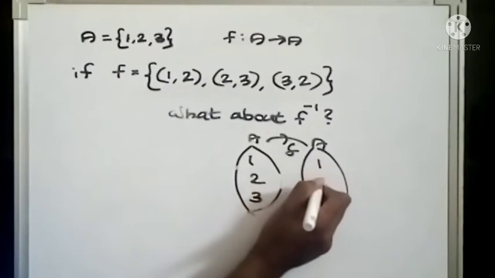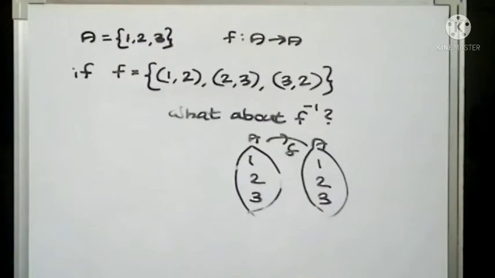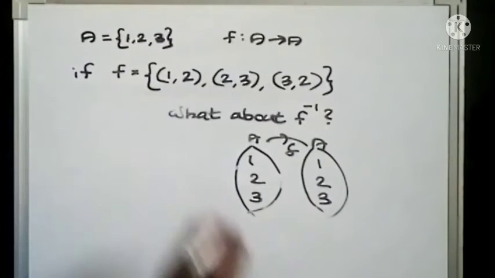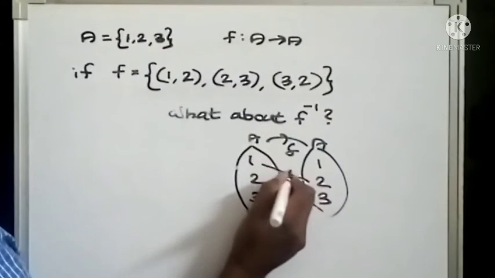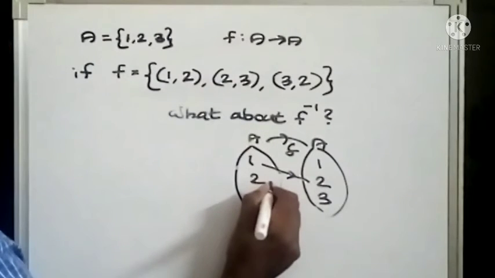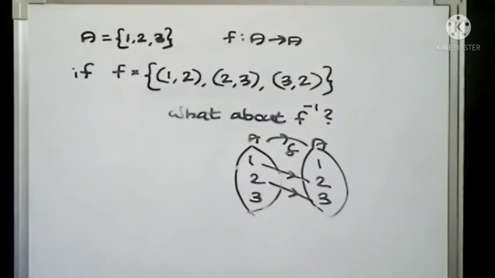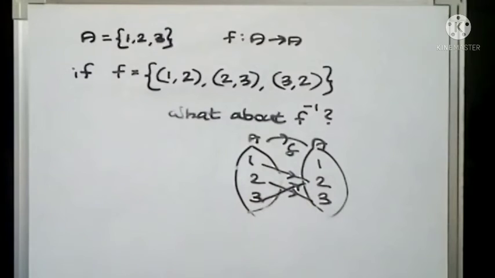Here again A contains the elements 1, 2 and 3. The function is defined such that 1 is related to 2, then 2 is related to 3, and 3 is related to 2.